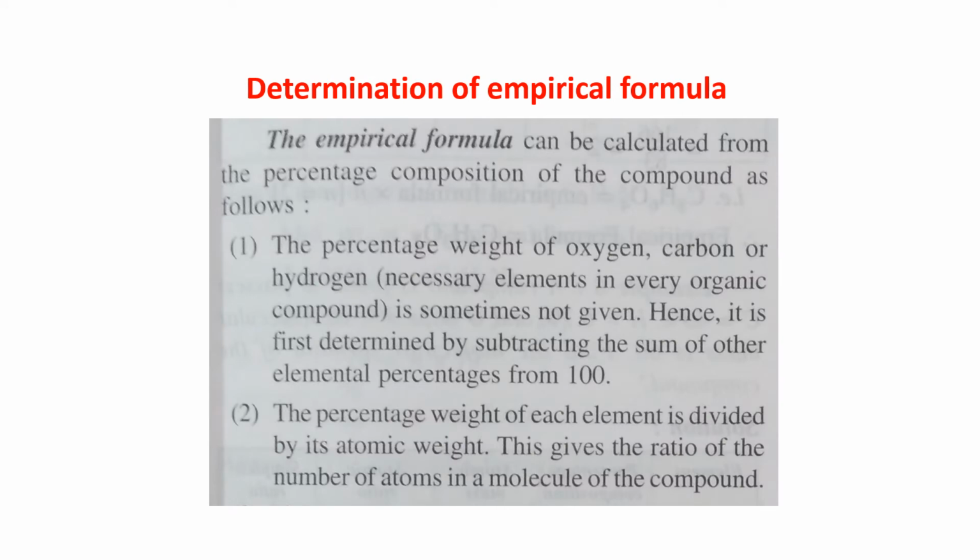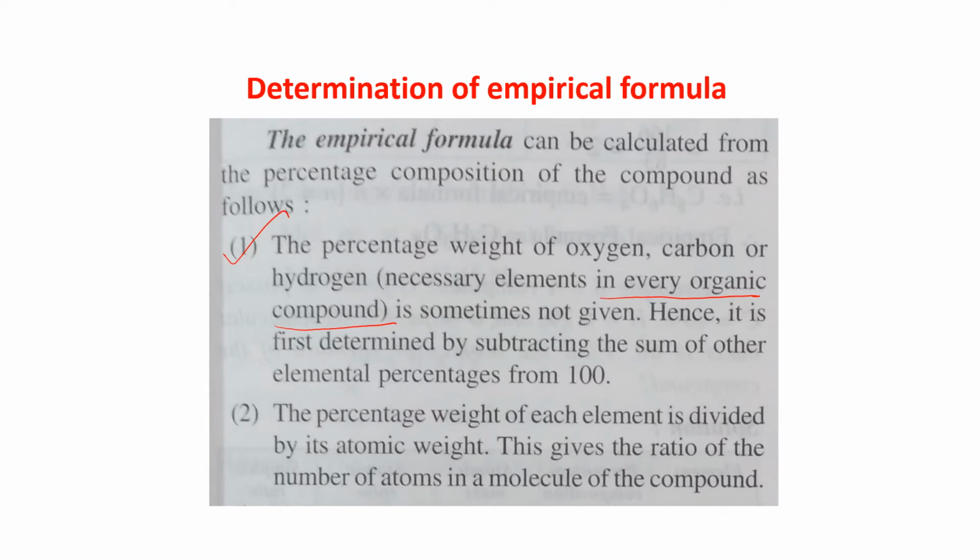Determination of empirical formula. The empirical formula can be calculated from the percentage composition of the compound as follows. There are some rules for finding out the empirical formula. The percentage weight of oxygen, carbon or hydrogen, necessary elements in every organic compound. When you will do the numericals, you will find that many numericals are given for organic compound, and in an organic compound, oxygen, carbon and hydrogen are present.